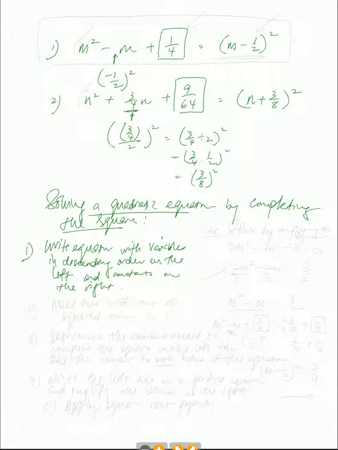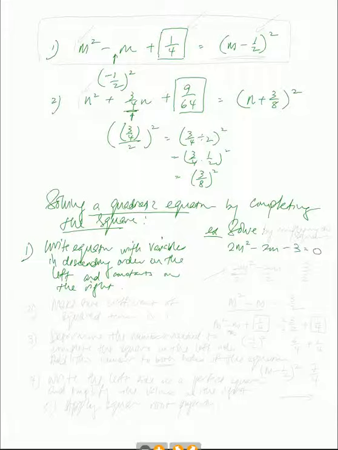So take for example, can you solve 2m squared minus 2m minus 3 equals 0?